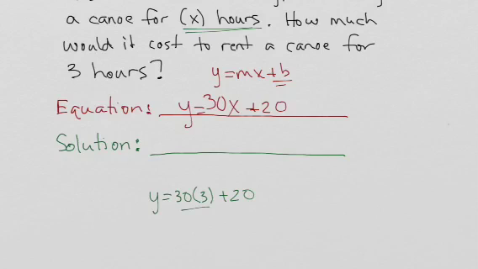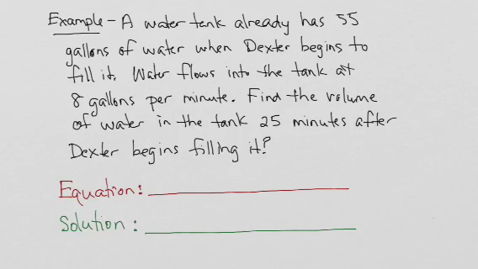Well, it'll be $30 an hour, so that's $90 for just the hourly rental, plus that $20 fee for them to put the boat in the water for us, and all of that together would then equal 110. But since it's a word problem, we need to make sure our answer is in words also. So it's not just 110, it's $110 for 3 hours. Again, we want to add some words in there.